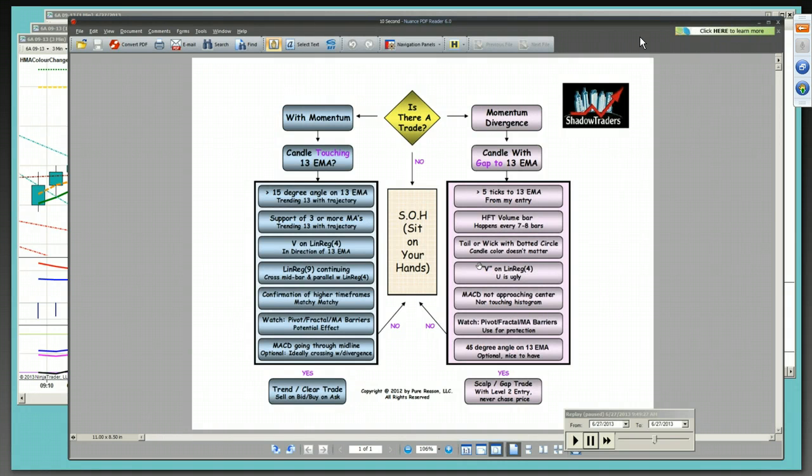There's got to be that circle with a dot, or a tail, a wick with a dotted circle, and the V of the Linreg 4. This is very important. These are the 3 most important rules for counter trend. Make sure there's a V for the Linreg 4, a tail or wick with a dotted circle, and 5 ticks away from the 13 EMA. Those are the 3 most important things.